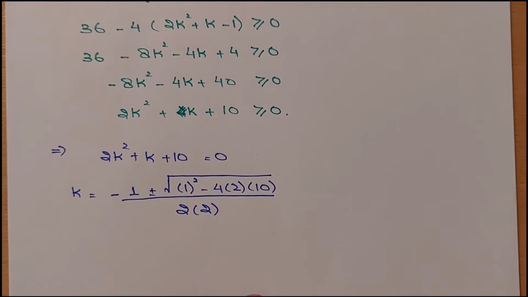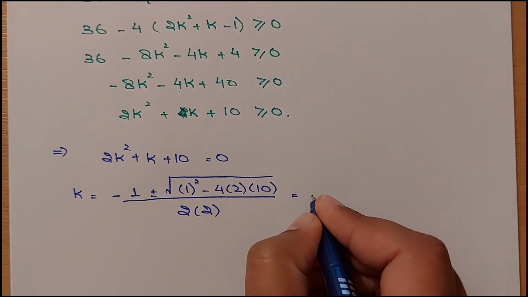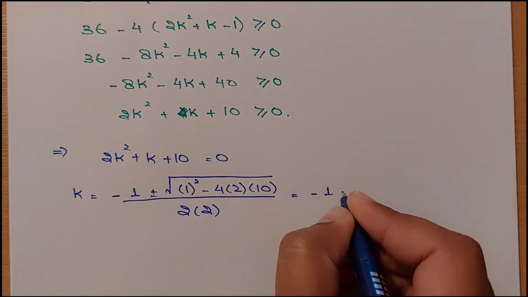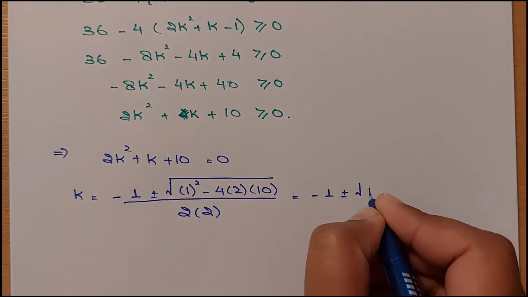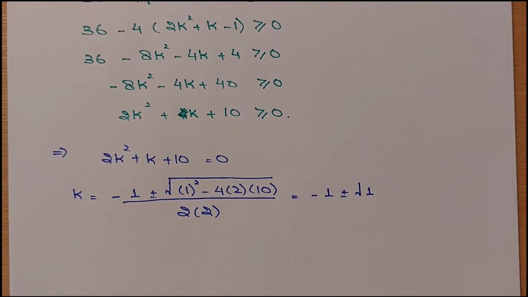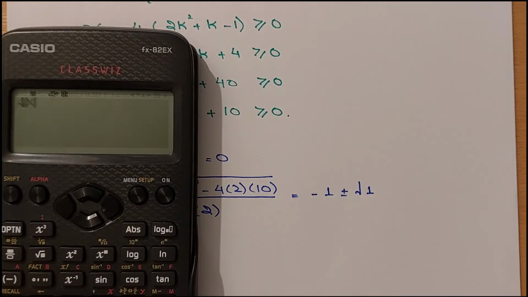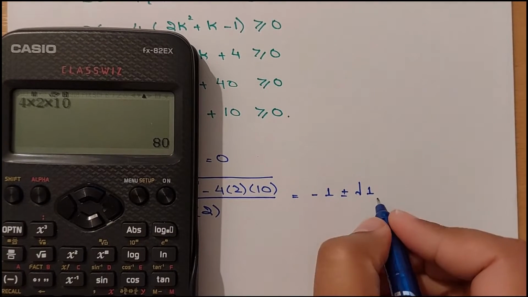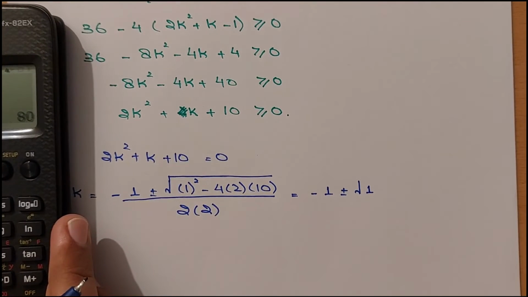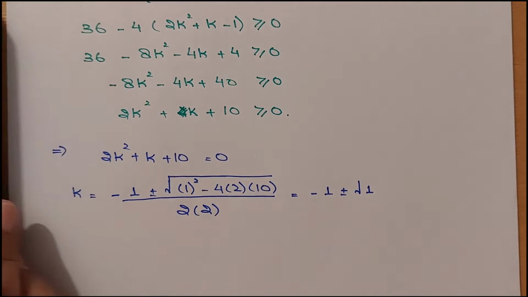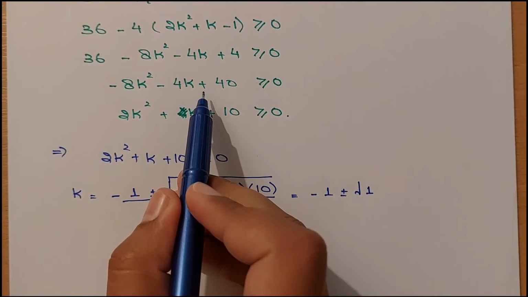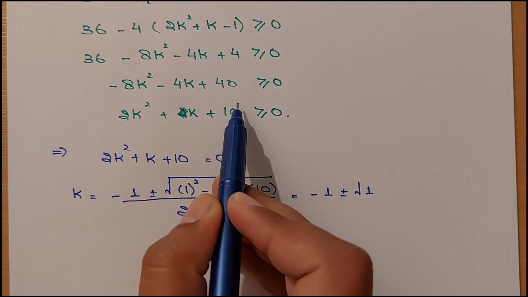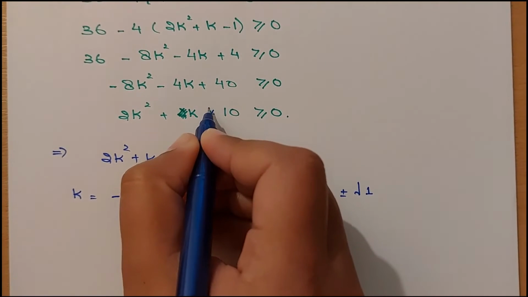Right? So further simplification, we have minus 1 plus or minus square root of 1 square is 1, 4 times 2 times 10 is 80, minus 80. Sorry, when we took the negative sign common, dividing with minus 4, we will get minus 10 here.